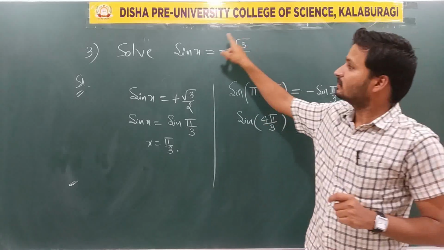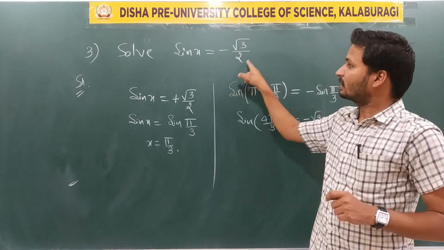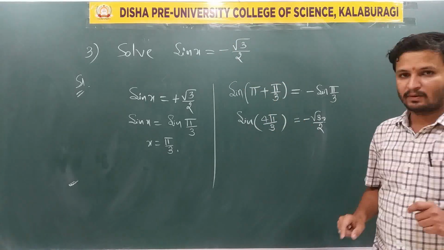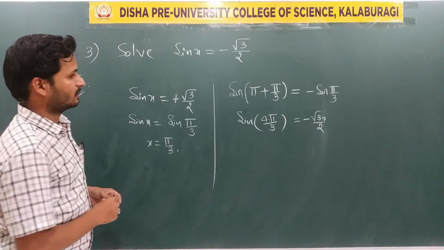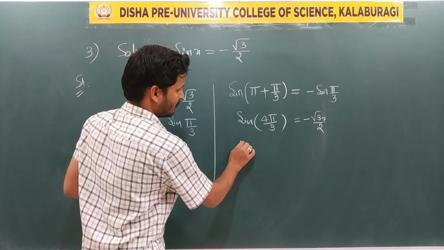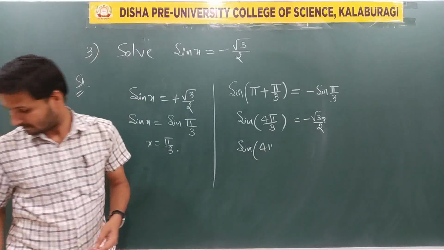In the question, sin x equals minus root 3 by 2 is given. So in place of minus root 3 by 2, I will write sin of 4 pi by 3.